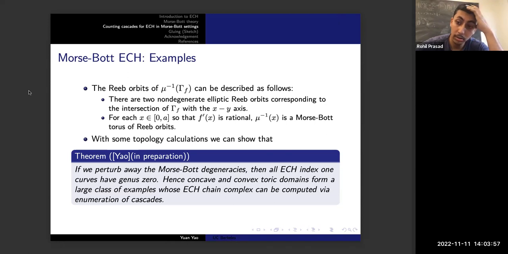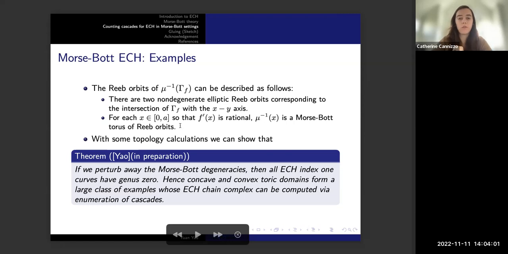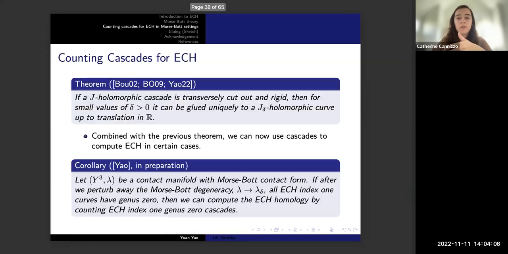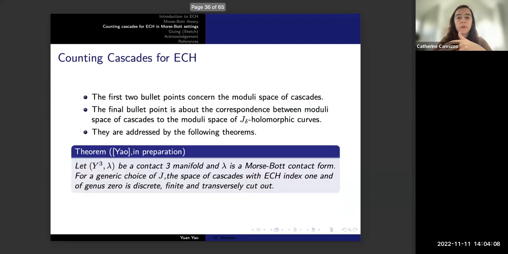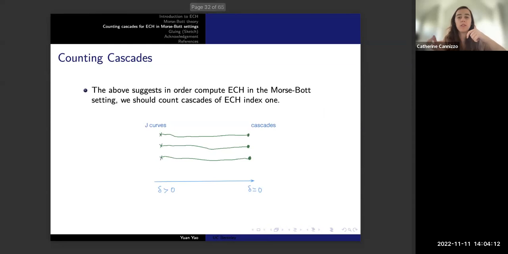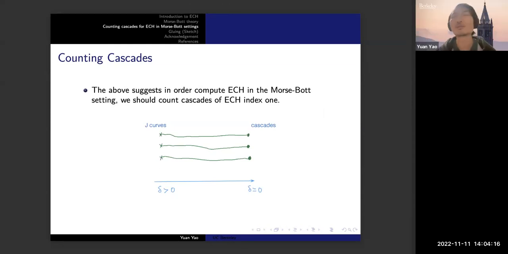Other questions? So maybe just to clarify, the role of the cascades is to allow you to limit to degenerate orbits, like if they come in a family, then you can slide from one to the other in your cascade. The way I think of it is as follows. You give me a contact manifold and I want to compute its ECH.